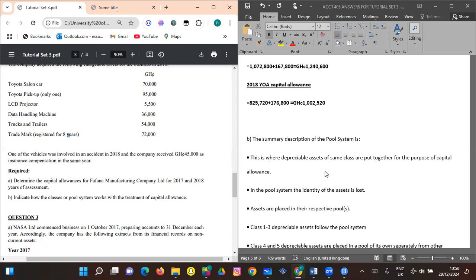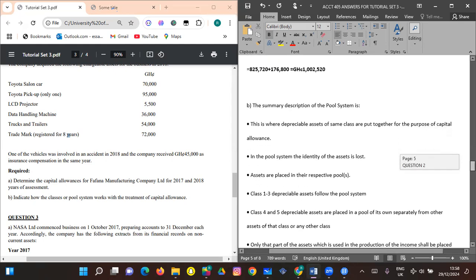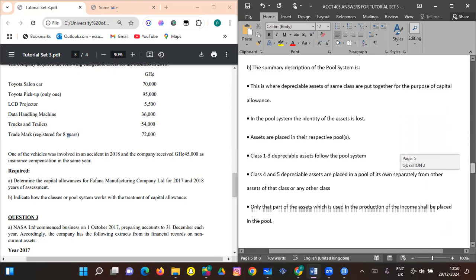This is where depreciable assets of the same classes are put together for the purpose of capital allowance. Two, in the pool system, the identity of an asset is lost when it is placed in a pool. Assets are placed in their respective pools, and class 1, 2, 3 depreciable assets follow the pool system.